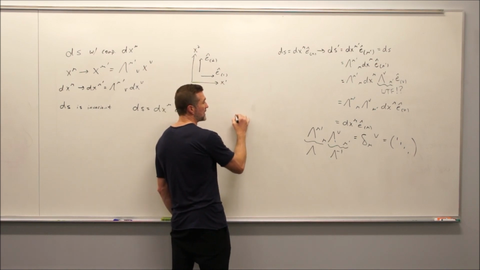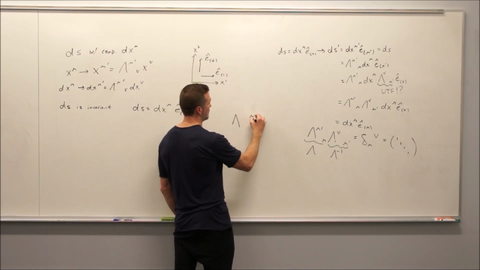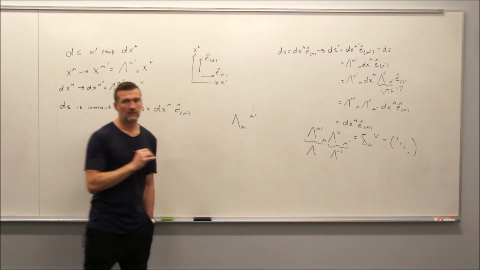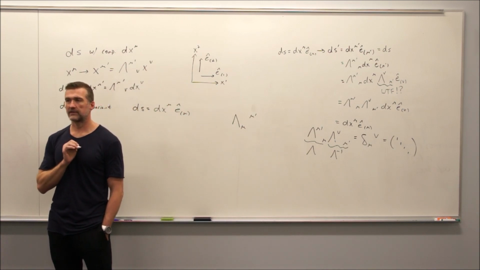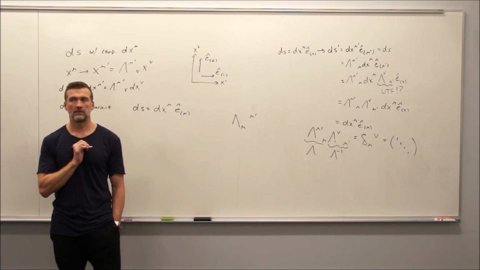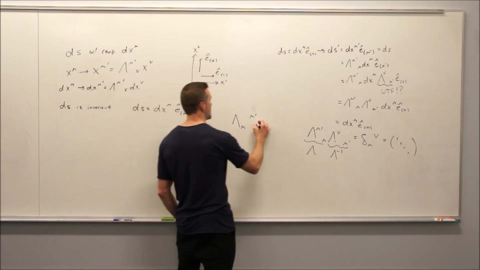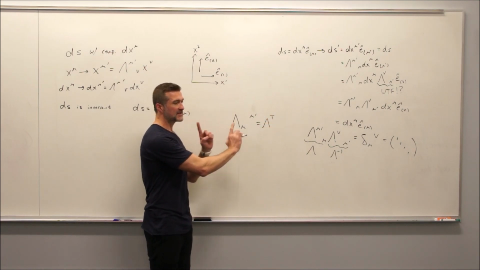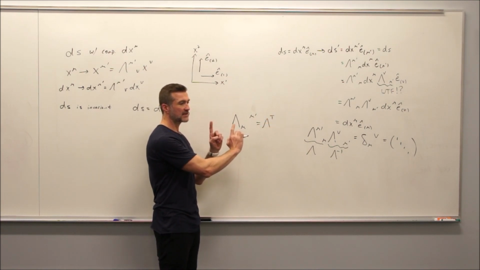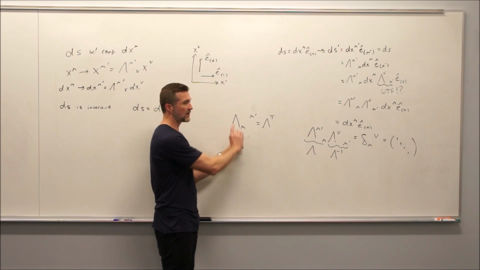We could ask, what is this quantity? For those of you who discussed this with me last night, what is this equal to? Transpose. That's the transpose of lambda. Because remember, the leftness and the rightness of the indices tells me row, column. Left is row, right is column.